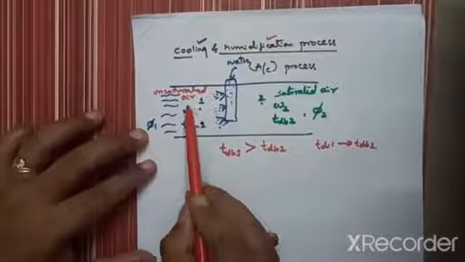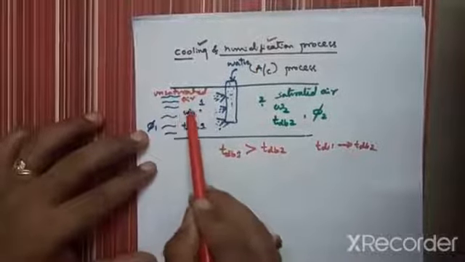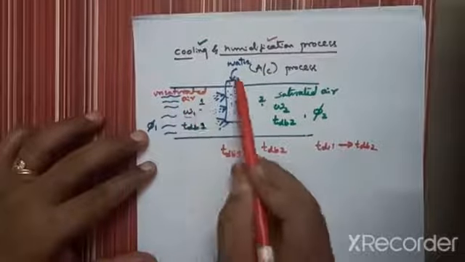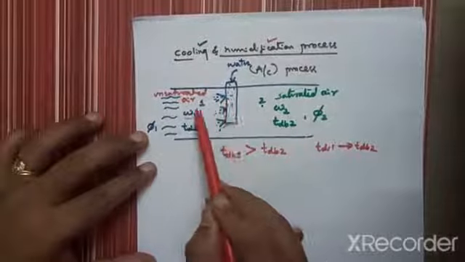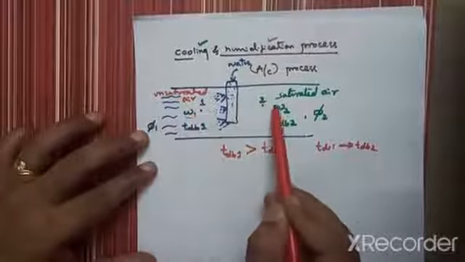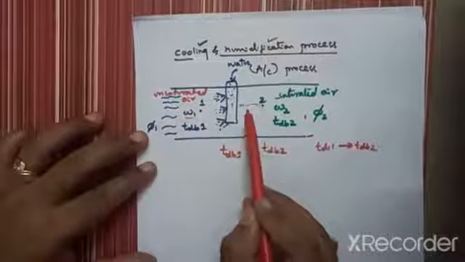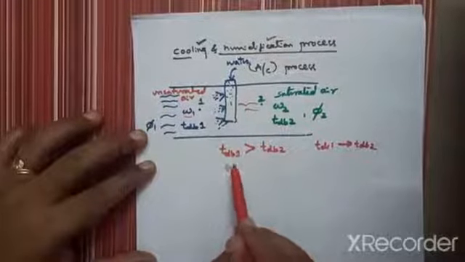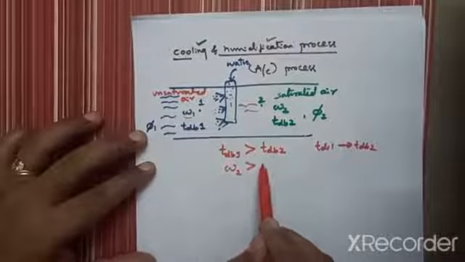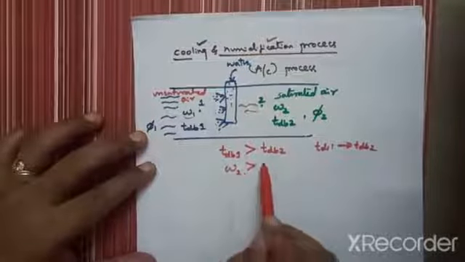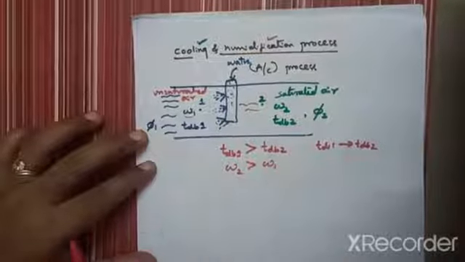So here at point number 1 the moisture content is less. You are adding water and increasing the moisture content, or water vapor, inside the air, and it comes outside. So at point number 2 the water content is more than at point number 1.